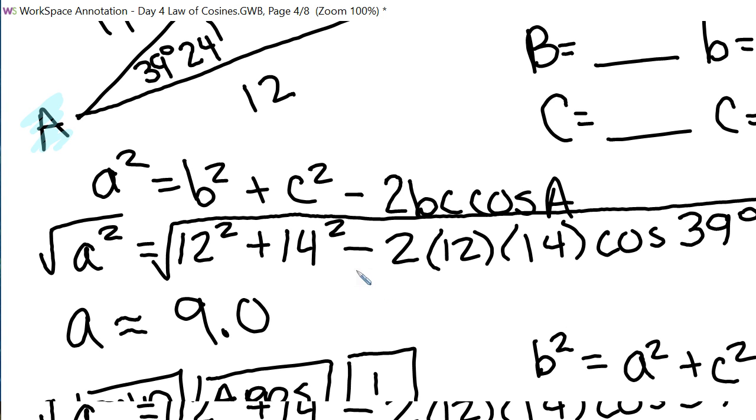Side B is 12, so this would be 12 squared equals A, we just solved for A, and A is 9, squared, plus 14 squared, minus 2 times 9 times 14 times the cosine of angle B.